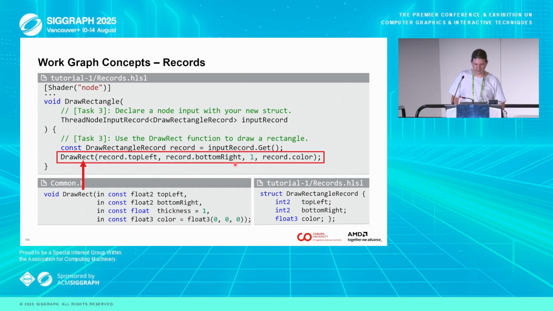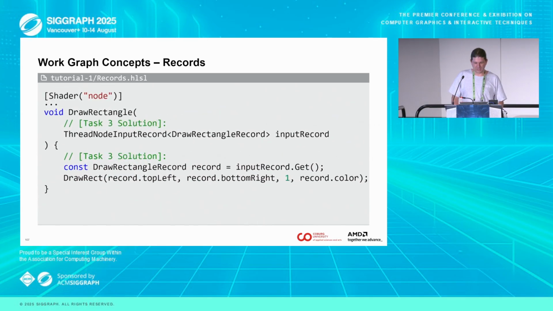So here I give a thickness of 1 because it's not in the record, but the remaining data I get from the record. So this is how you can consume the data from a record.